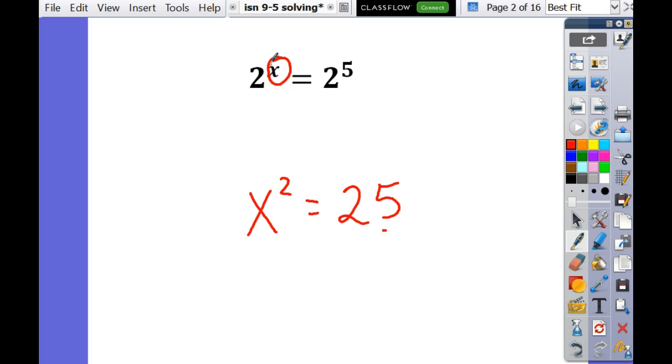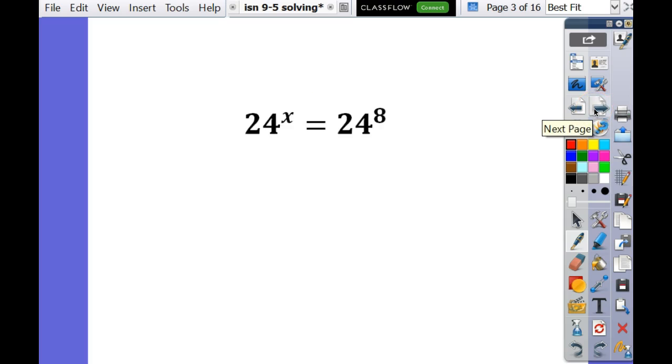And so, does it make sense that if the base numbers are equal, the exponents are going to have to be equal in order to have an equality? What is x going to be equal to in this example? x is 5. Doesn't that make sense? That if the base is equal, the exponents have to be equal.